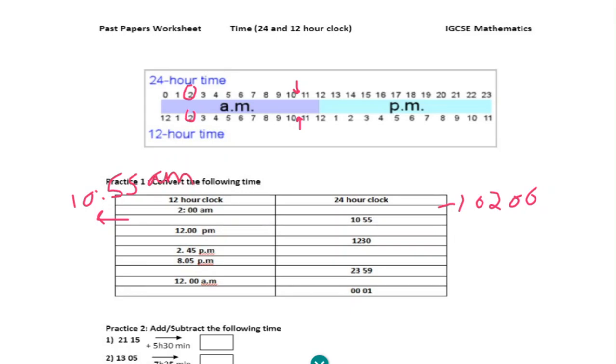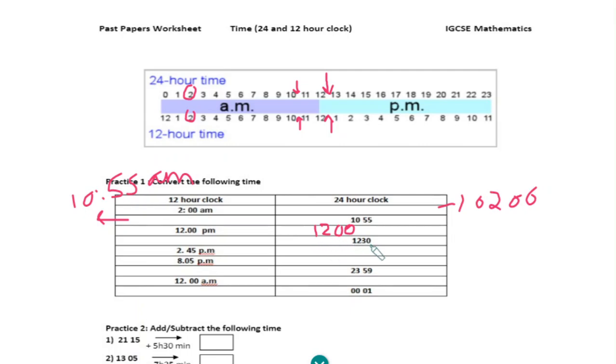Next we have 12 p.m. 12 p.m. will be 1200 in the 24 hour clock. 1200 here. Then 12:30 in the 24 hour clock.